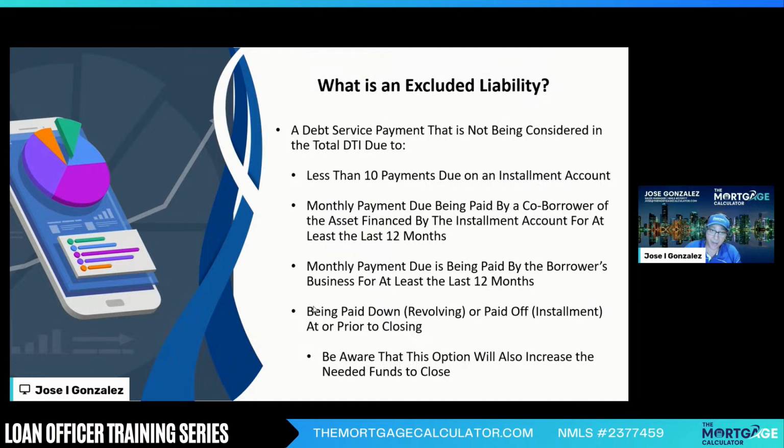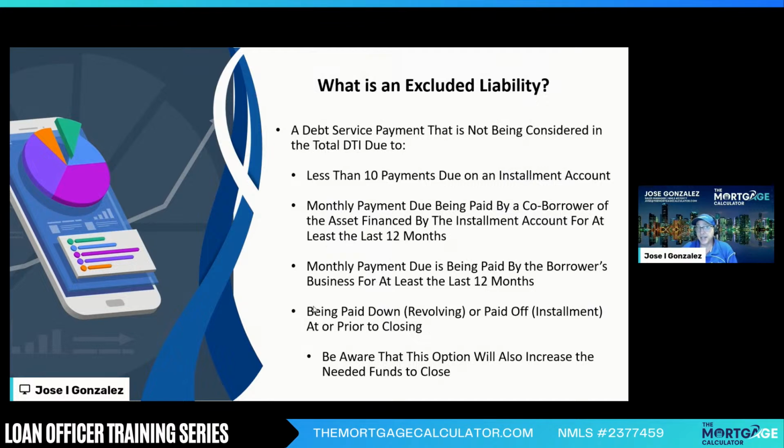It doesn't have to be a family member. Just using that example, being paid for by my brother or whoever's the other co-signer, co-borrower on the loan, and documenting at least the last 12 months. If you have less than 12 months that have been paid because it hasn't been open for 12 months, that's going to be a case by case basis.